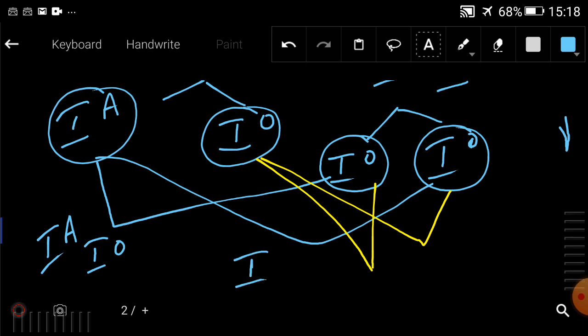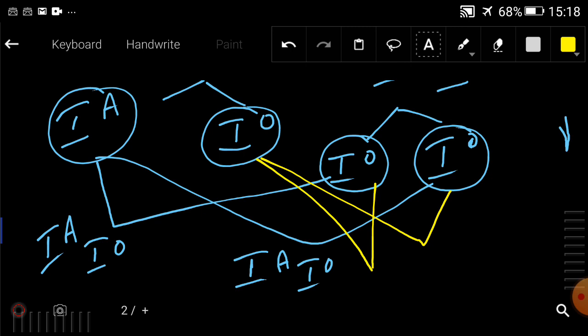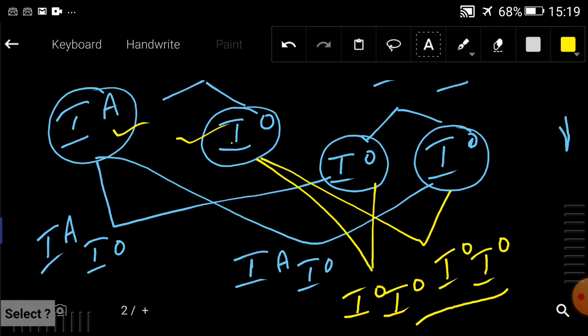Next chance, IA IO. Next one, IO IO. Next one also IO IO. So here there is a chance of expressing blood group O when the genotypic combination of blood group A is IA IO. Suppose the genotypic combination of blood group A is IA IA, then it's not possible to express IO IO.